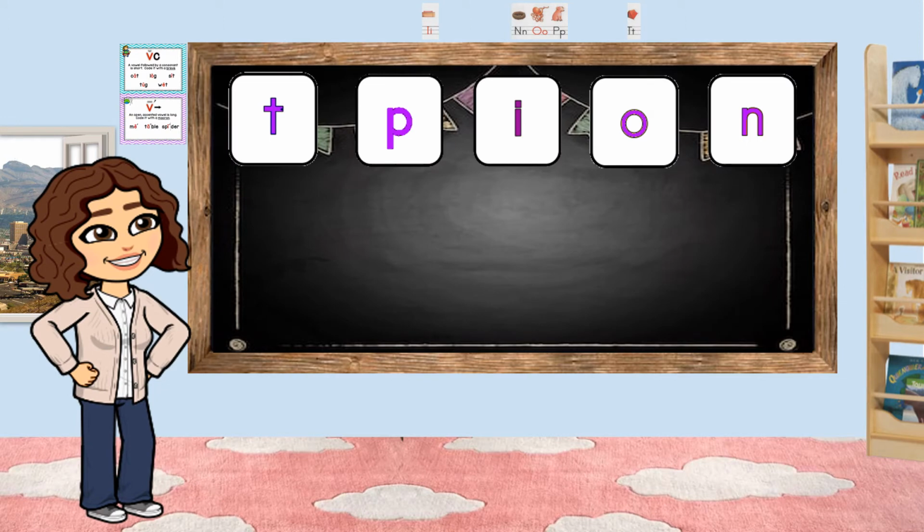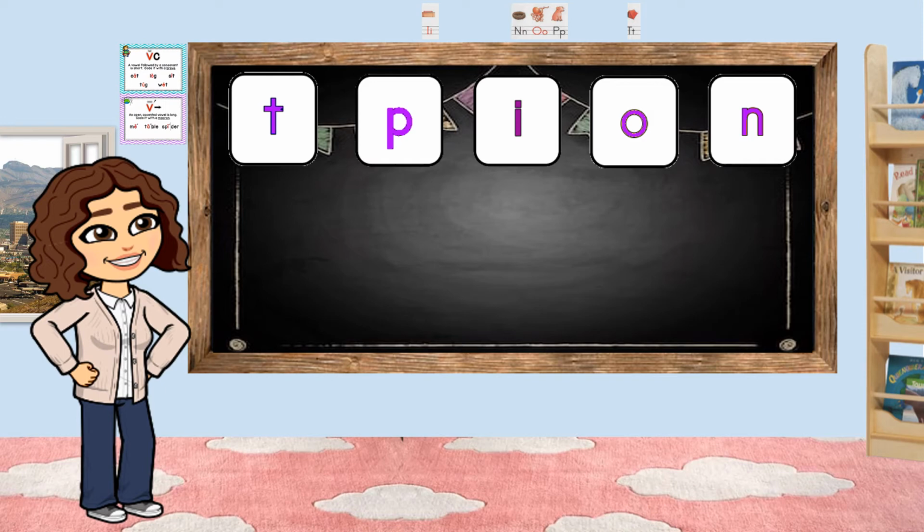We're going to practice again building words. So remember, if you have letter tiles at home or letter magnets that you can use, go ahead and get them out. And today we're going to need the letters T, P, I, O, N. Those are the only letters that we need for today.